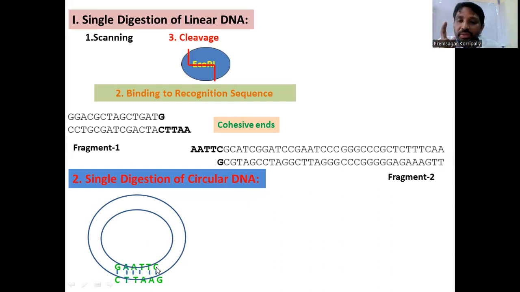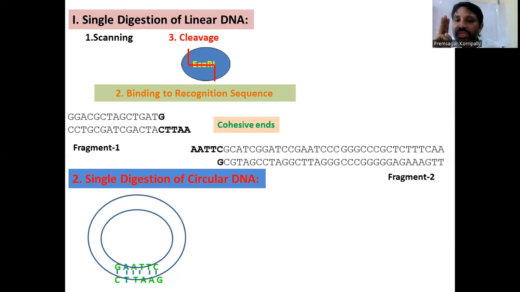As I told you, during the restriction digestion, the enzyme scans the template or substrate and binds to the restriction site, followed by the cleavage. These are the 3 steps that happen during the restriction digestion, irrespective of whether the DNA is in linear form or circular form.